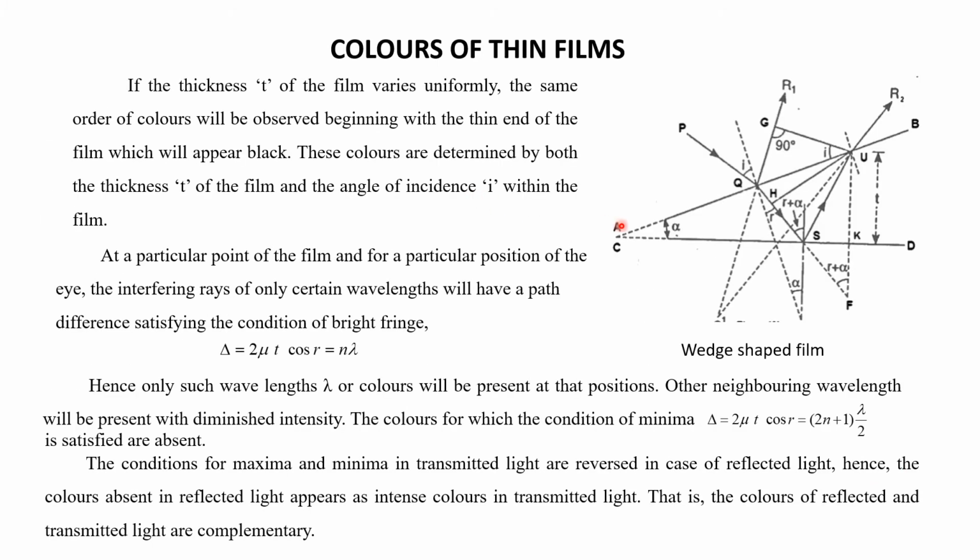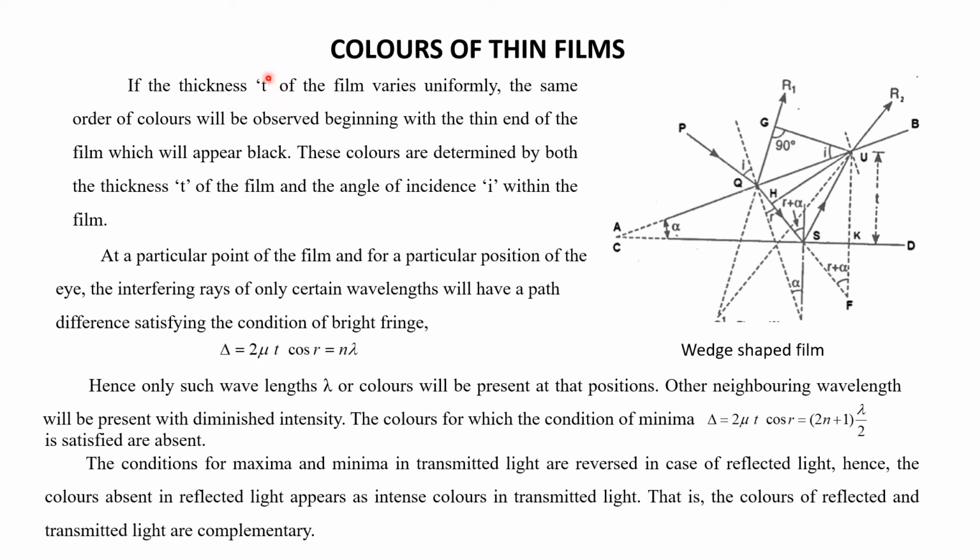Now suppose the thickness also changes. This is the wedge shaped film. This is one surface of the film and this is the other surface. Here the thickness is continuously increasing from this point. At this point the thickness is 0 and gradually the thickness increases. So in this case also we will observe the colors in thin films.